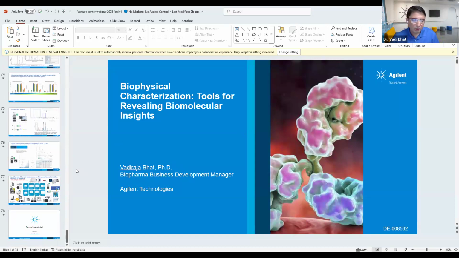What I wanted to show is the PAT tools. Some of these analyses nowadays we can do both in R&D as well as in your manufacturing settings, called real-time analysis, both in upstream and downstream. Essentially, in upstream, from the reactor you can take samples with sampling devices and send them to your HPLC.